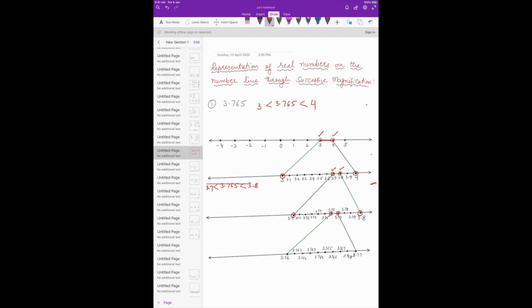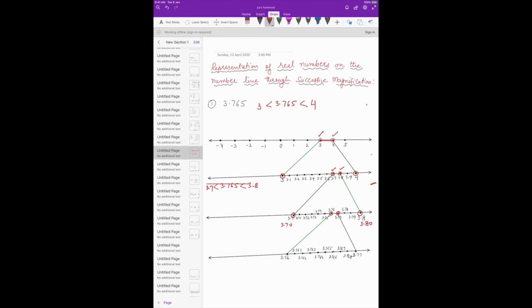So what type of numbers lie between 3.7 and 3.8? Exactly, 3.7 can be written as 3.70 and 3.8 can be written as 3.80. So between 3.70 and 3.80 we have numbers like 3.71, 3.72 up to 3.79.